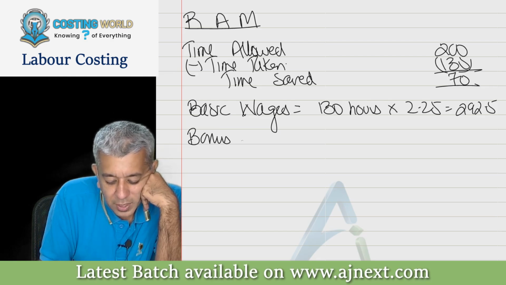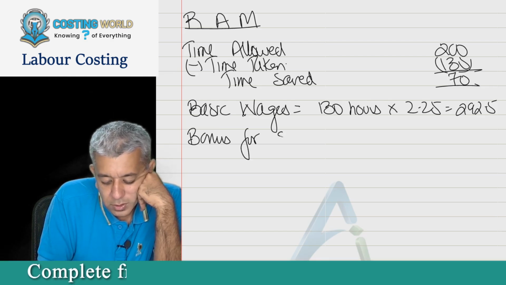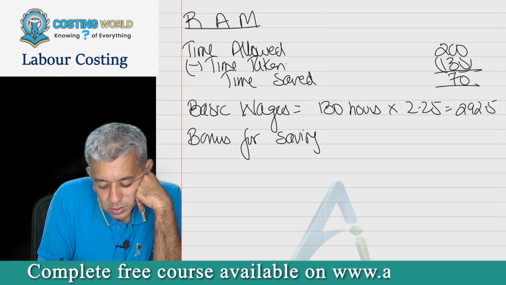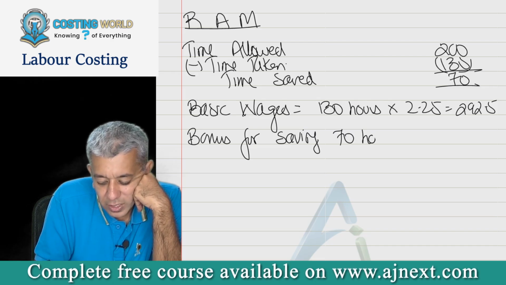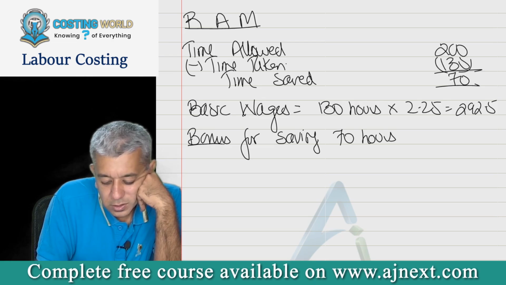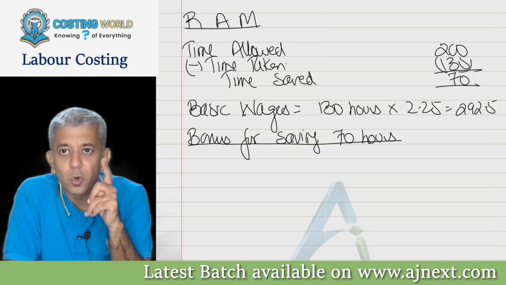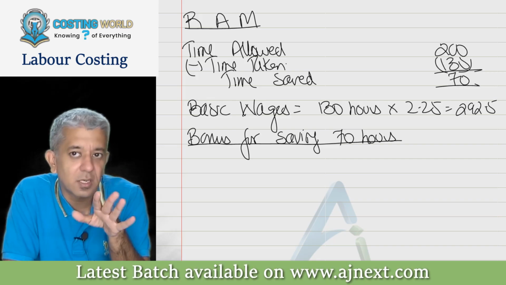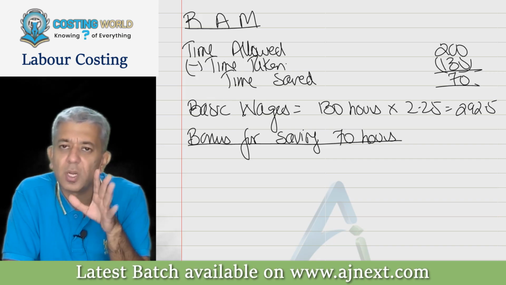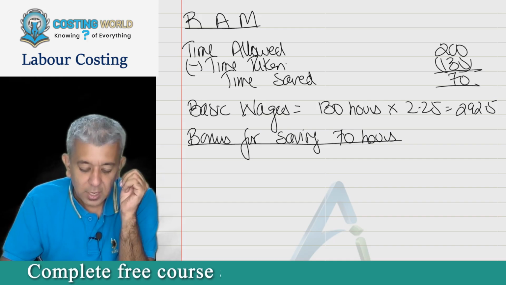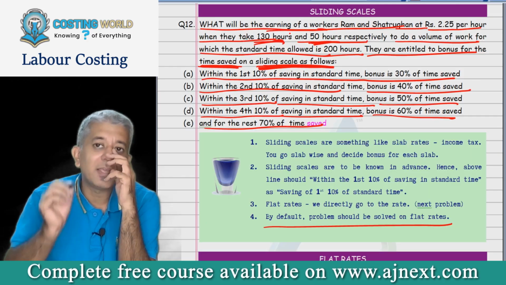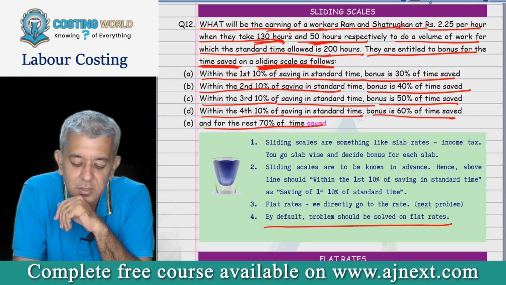They will be getting bonus for saving 70 hours. Now your job, you're going to be trying this, get this answer correct, then Shatrughan's job is going to be quite easy. Now tell me one thing, you're going to be applying flat rates or sliding scales?